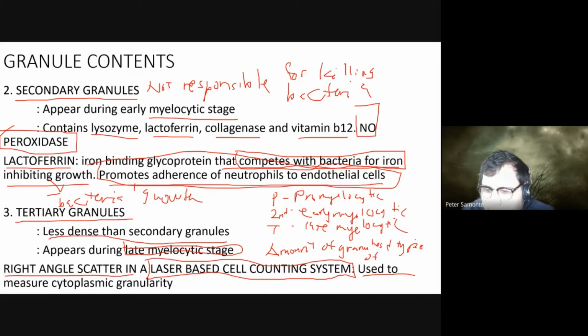Again, if you want to know the amount and the type of granules present in the WBC, you would be using a laser-based cell counting system in a right angle scatter. This is a type of scattergram. I will show this to you in the laboratory, in automation. So a laser-based cell counting system is used in the measurement of the amount of granules and their type.